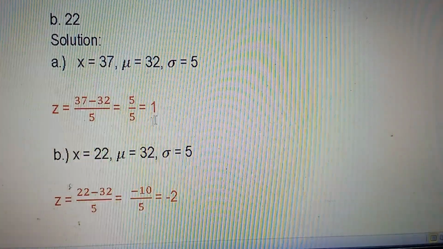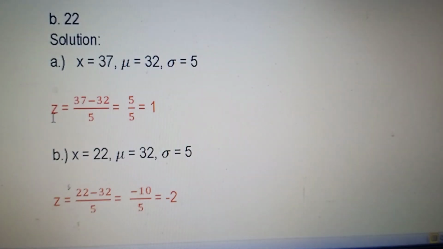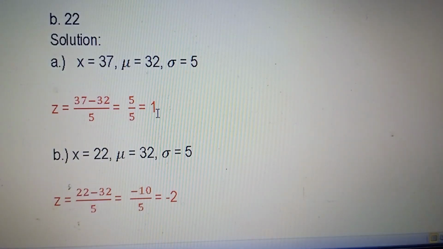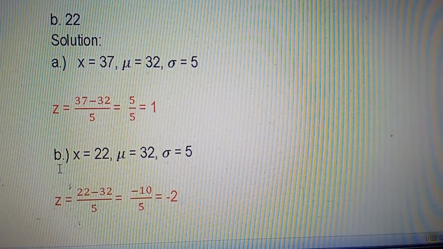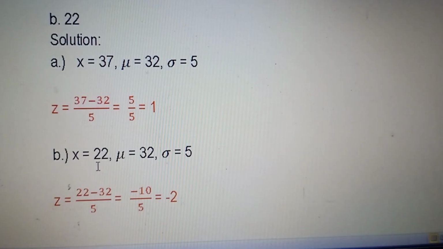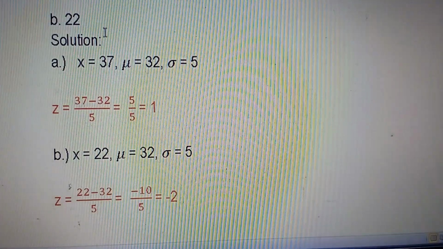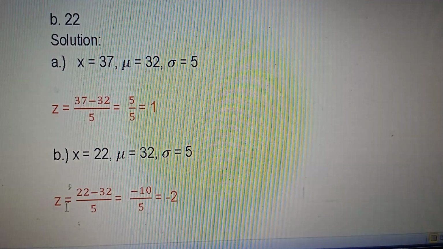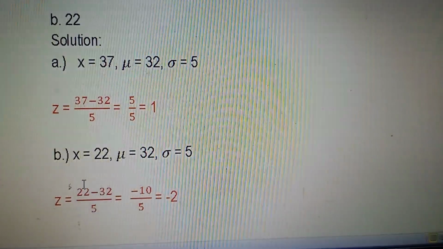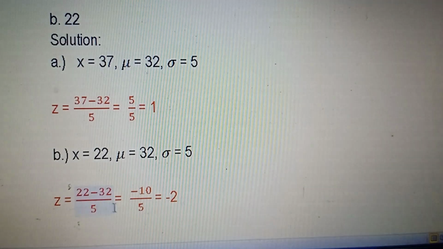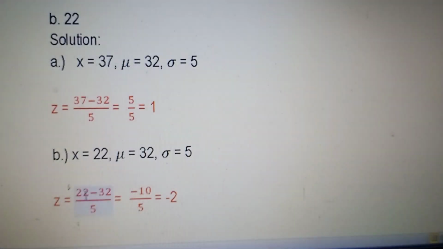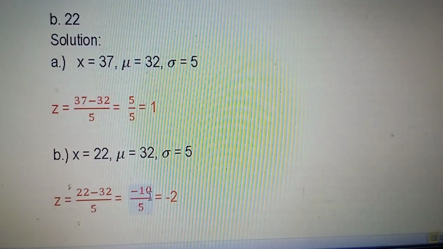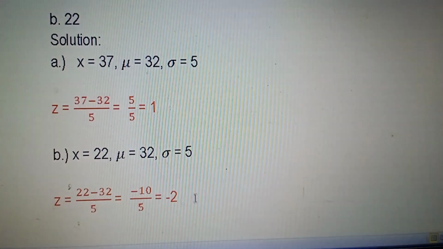So we will no longer get the area under the normal curve at z equals 1. Letter B, x equals 22, mu is 32, and sigma is 5. Using the formula z equals x minus mu over sigma, we have 22 minus 32 over 5, which equals negative 10 over 5 equals negative 2.